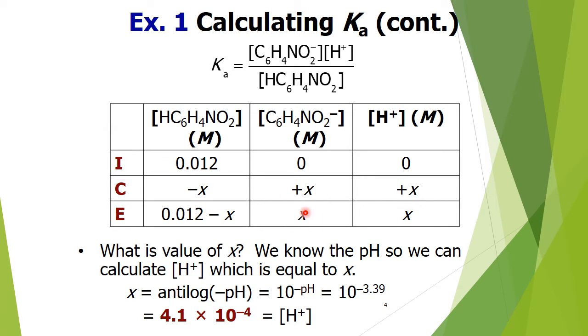Now, the key thing here is that we actually know this X right here, and that's from the pH of the solution. The pH is 3.39, we were told that. So that's going to tell us this value here. To figure this value out, we take the antilog, or 10 to the minus 3.39, and figure that value out. And that number will go right here, here, and here.